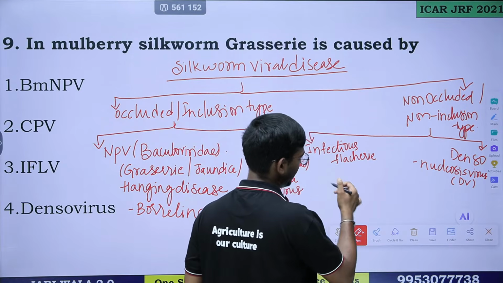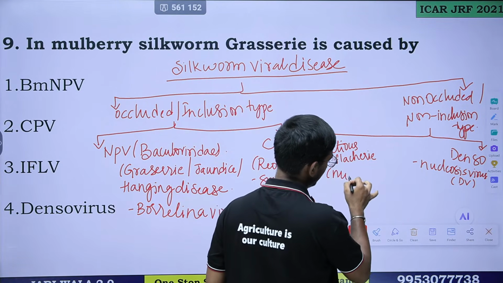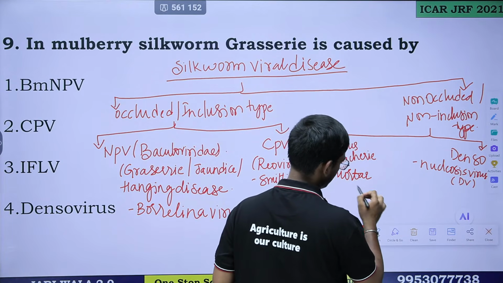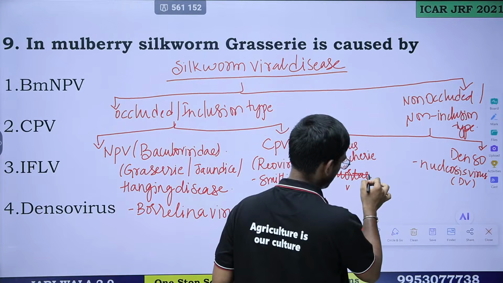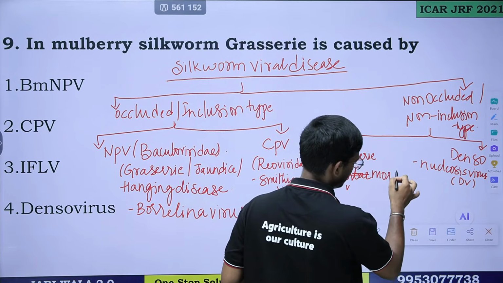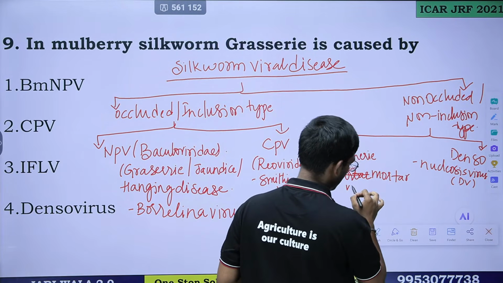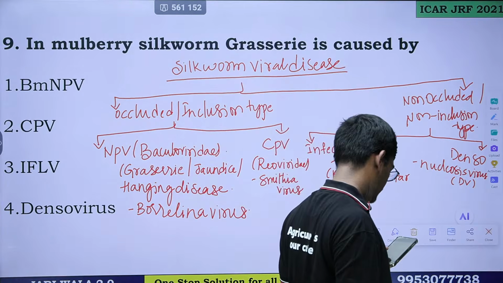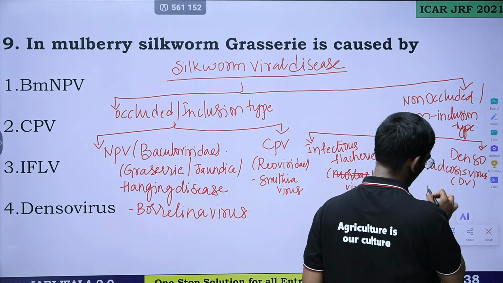So here infectious flacherie is caused by Morator virus. Morator virus, and here it is caused by parvovirus.